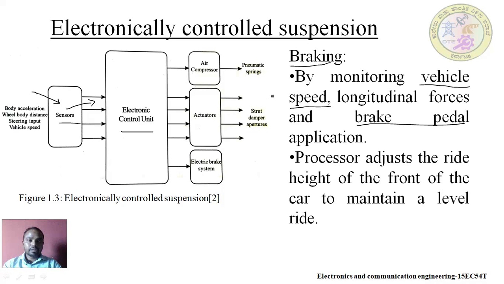In the braking condition, the electronic control unit receives the information from the sensor, processes it and sends it to the output device, that is, the air compressor and actuator, so that it adjusts the damping as well as the height of the car during ride position as well as the handling position.